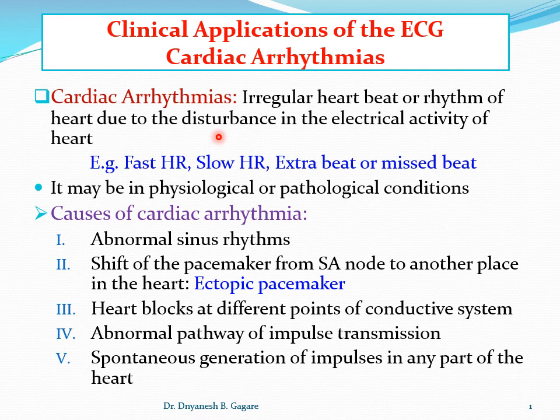There may be a problem in conduction of the impulse from a pacemaker to the rest of the heart. There may be heart blocks, or the impulse takes an abnormal sequence of current flow, and it leads to irregular heartbeats or rhythm of the heart.